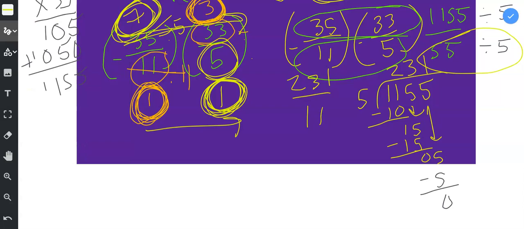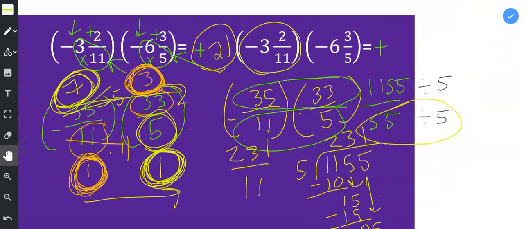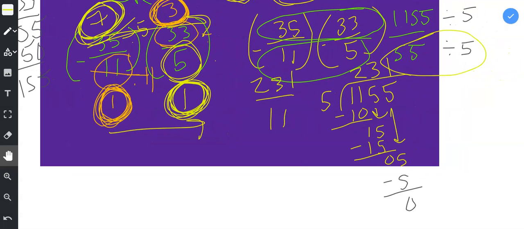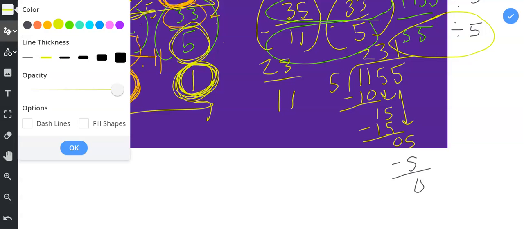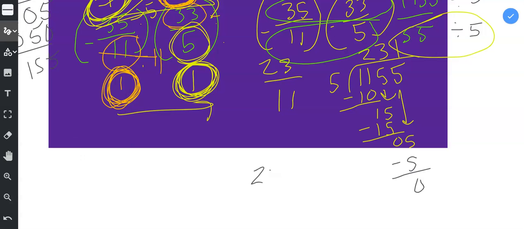And then at this point, I wouldn't really know if 231 is divisible by 11. I would have to check and see. So 231, that's hard to see. Let's try that again. 231 divided by 11. 11 goes into 23 twice. We get 22. 23 minus 22 is 1.